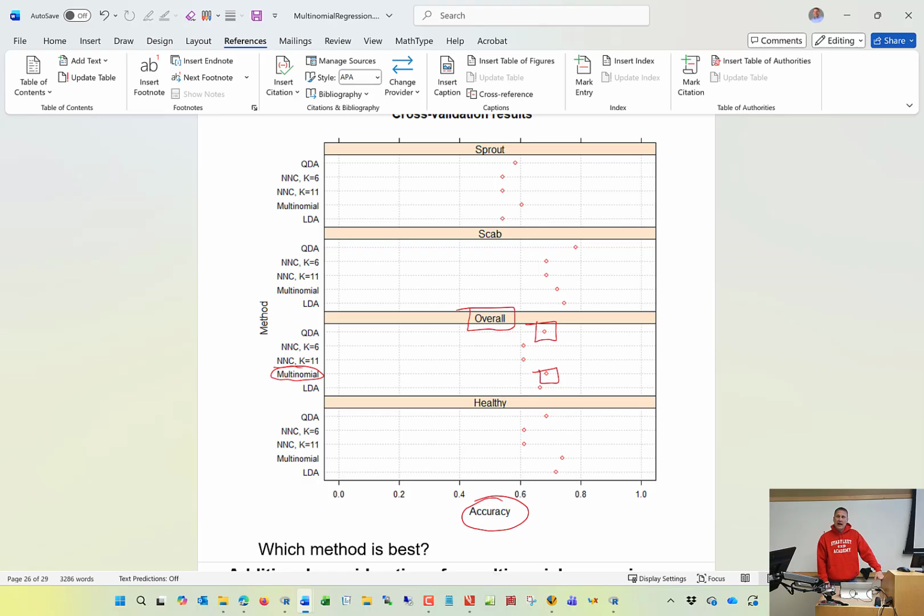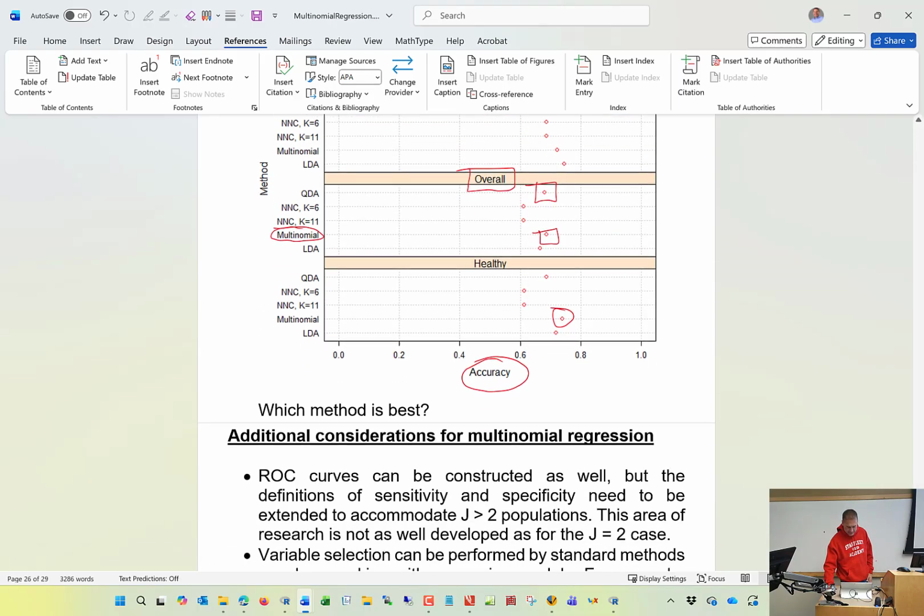But again, the big picture idea is that you should always try more than one method. See how it works. Pick the method that works the best in terms of accuracy. If you're more concerned about, let's say, predicting the healthy kernels, we can see that multinomial does the best. That's how you approach these kinds of problems.